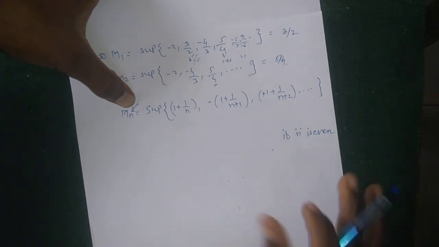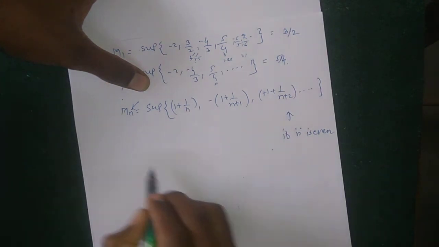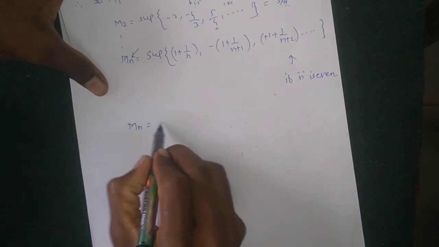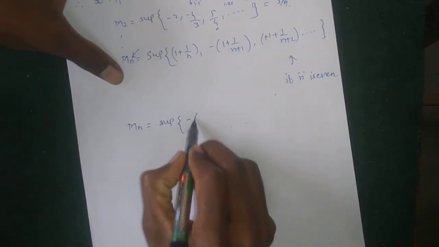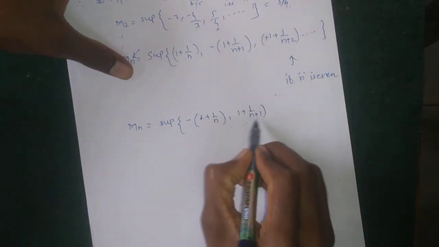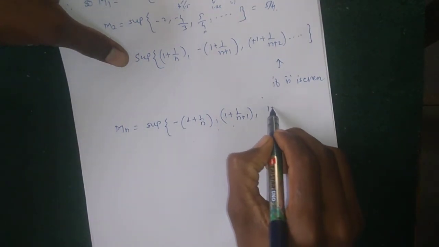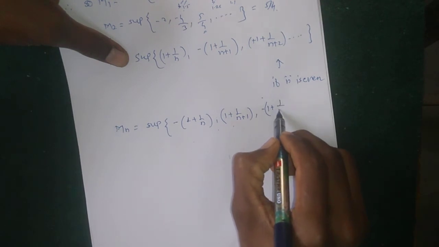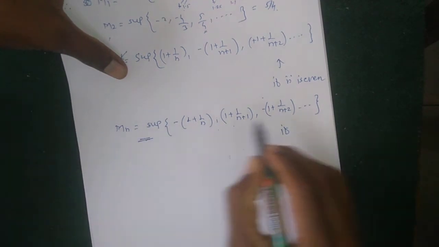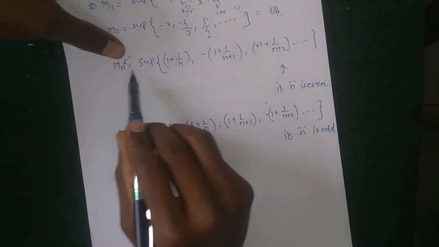And if n is odd, then the value of Mn is the supremum of minus 1 plus 1 by n, then 1 plus 1 upon n plus 1, because n is odd, then minus of 1 plus 1 upon n plus 2, and up to so on, when these values exist if n is odd.